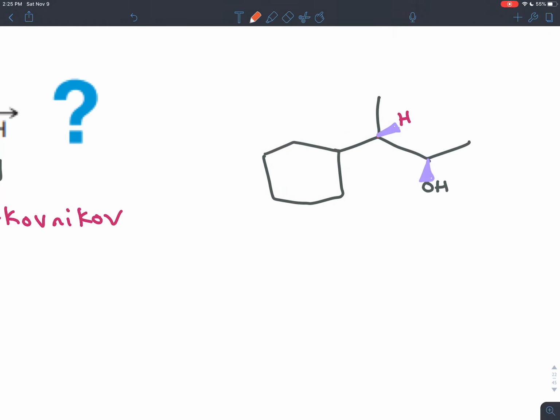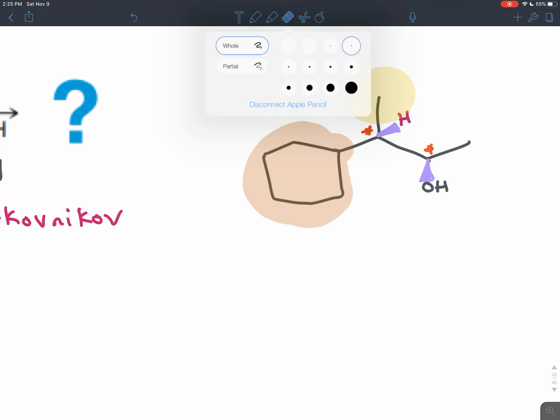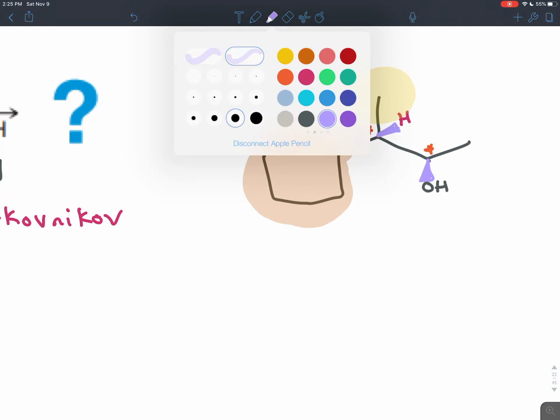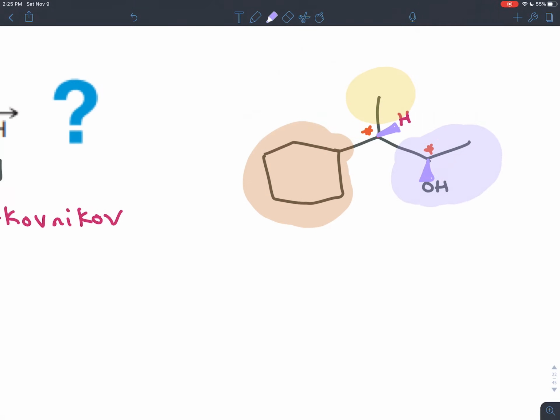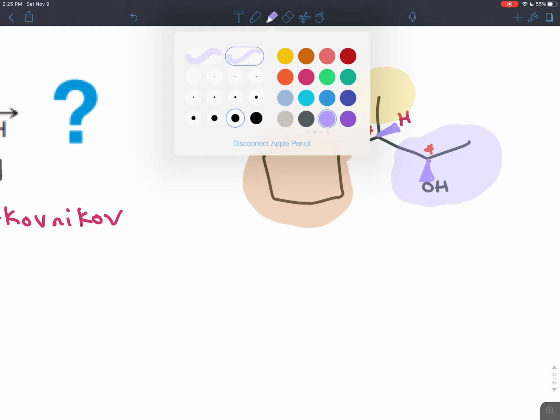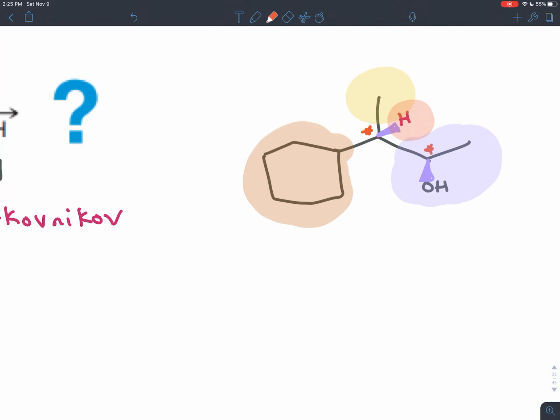And here we actually have two chiral centers. Both of those carbons are bonded to 4 different things. The one on the left where the hydrogen added, that's bonded to a methyl group, a ring, a straight chain with an OH on it, and a hydrogen.